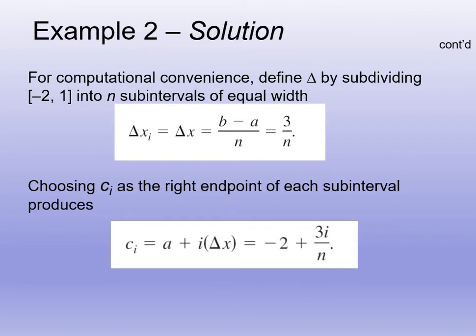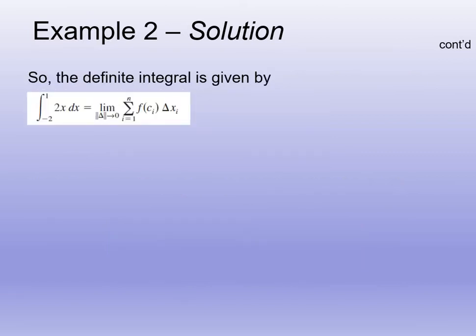We take i, and our delta x we calculated for our interval, that 3 over n from the top. So our ci that we're going to substitute into the original equation is negative 2 plus 3i over n. Then we're going to take the limit as the norm approaches 0.